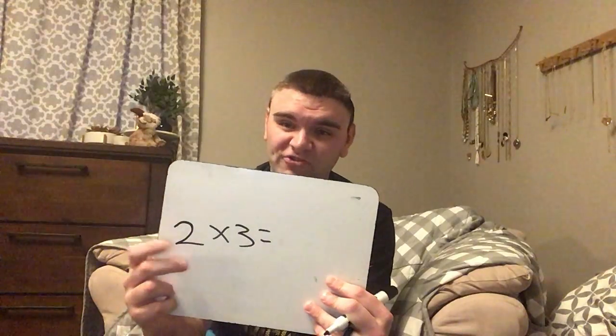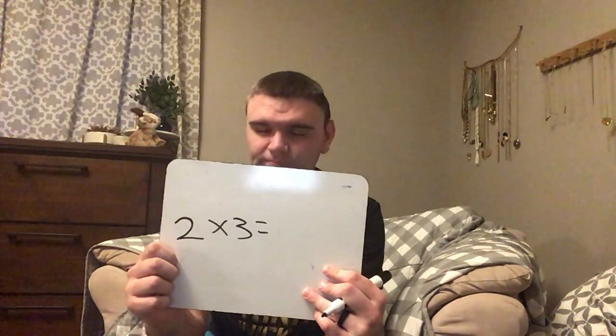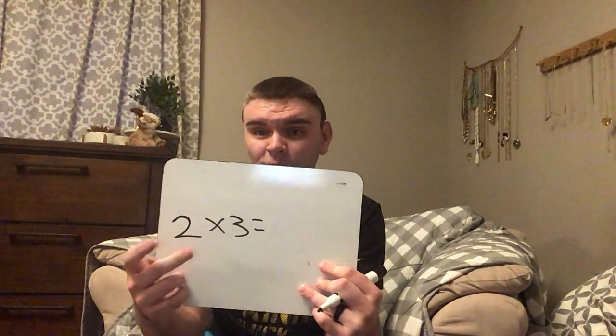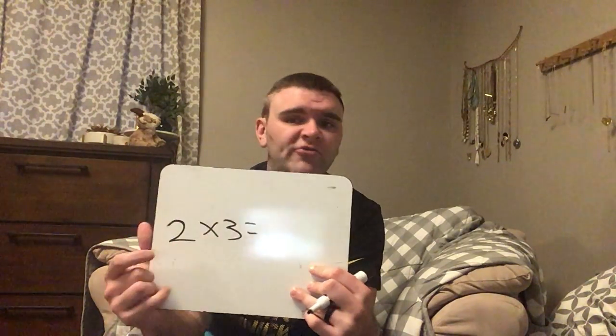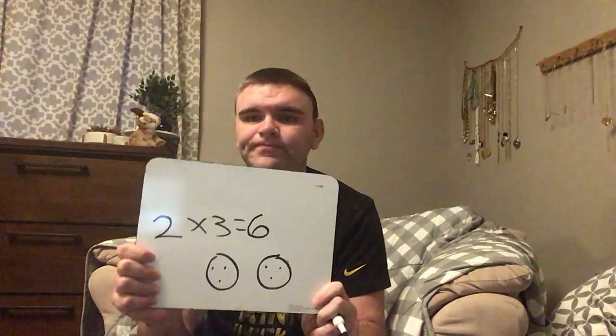Remember when I said a couple videos ago that you actually learn 2 math facts at once? So when we do something like 2 times 3 and we learn it for twos, we're actually learning it for threes too. So I can do that either way. Skip count by twos 3 times, 2, 4, 6. Or I can make 2 groups and put 3 in each.